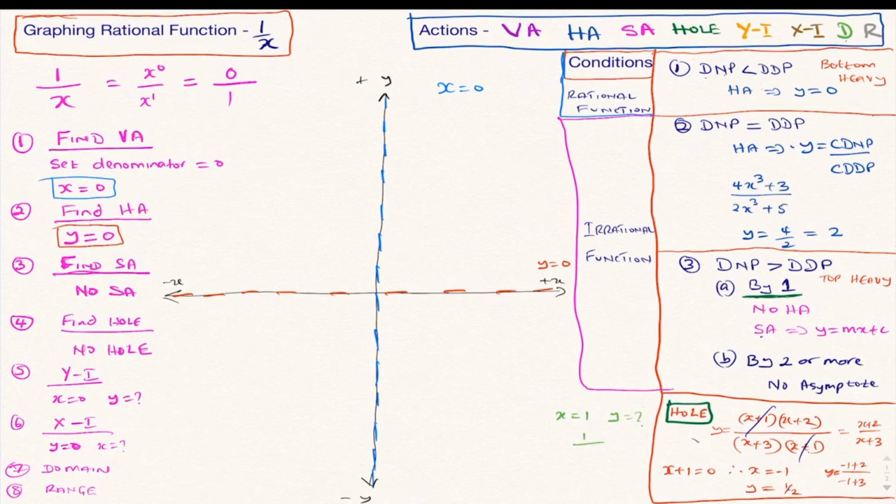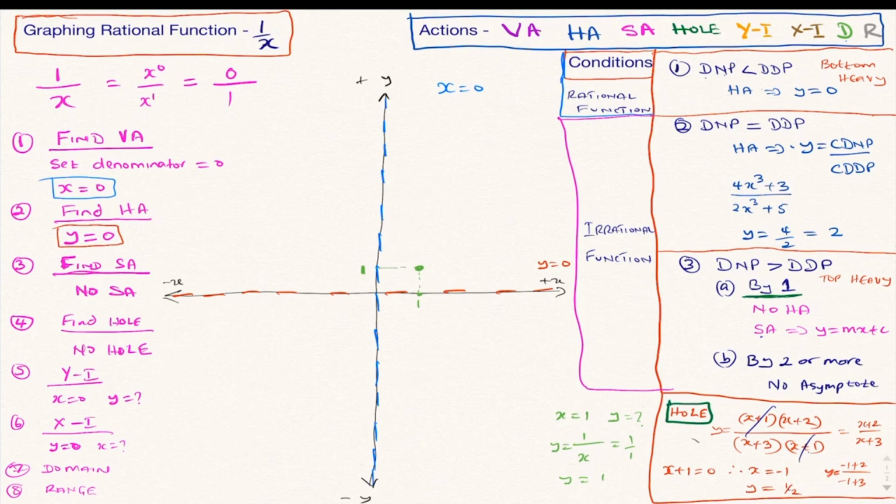When x equals 1, what would be my y? 1 over x is y, and therefore 1 over 1, so y equals 1. So at this point, if I trace along, y is also 1, and that's my first coordinate, x 1, y 1.